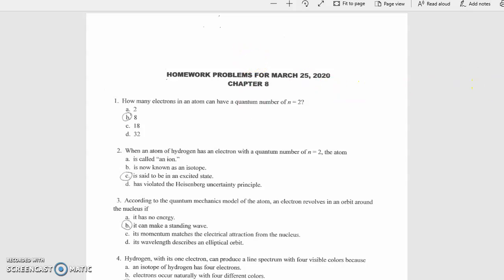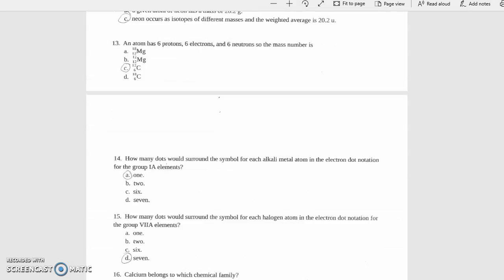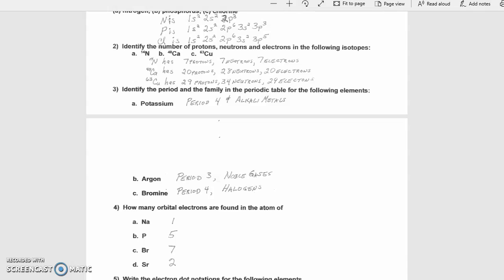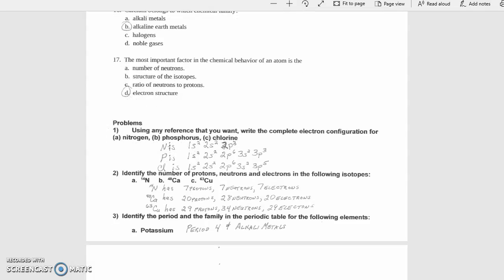For the most part, things seemed pretty good in your responses to these. These are the correct form for the different ones that we have for problems at the end of that chapter. Okay?